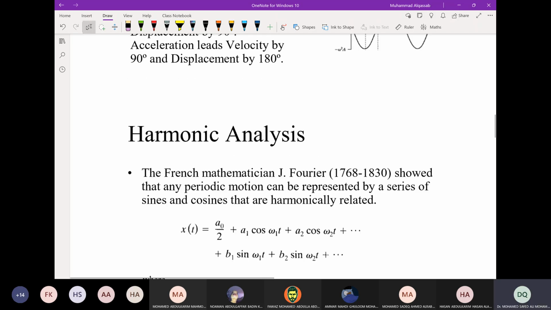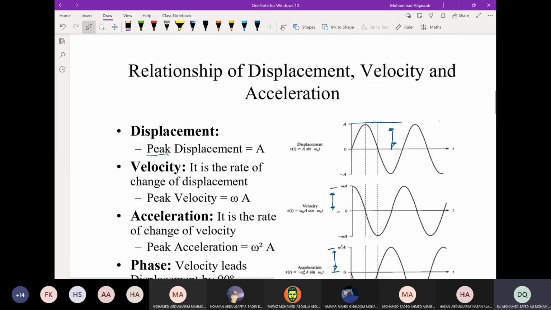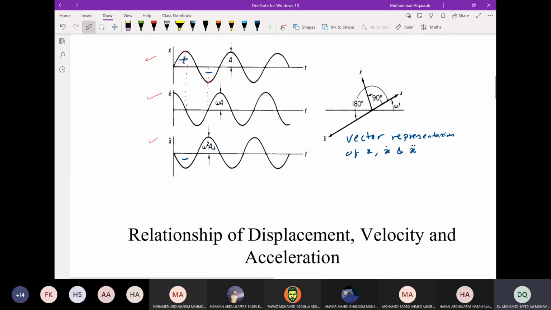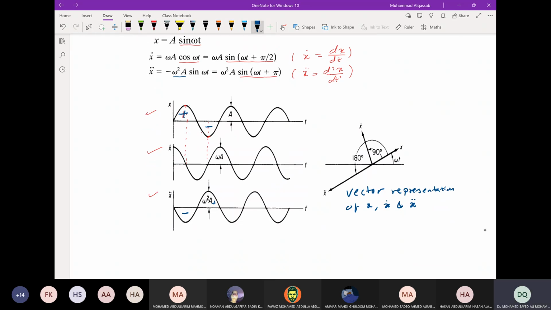Okay, so what you can notice from the relationship between x and x double dot, if I go back here, you can write x double dot as well equal to minus omega squared A sine omega t, which is what?